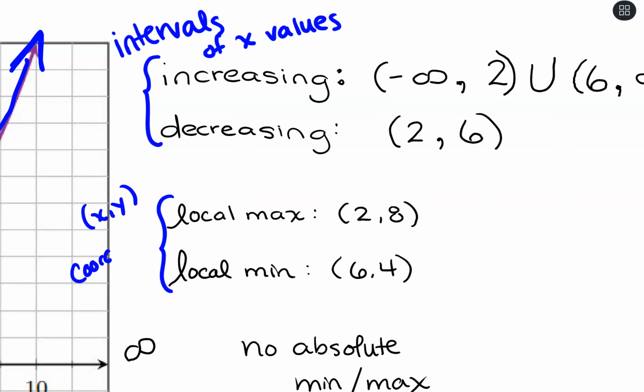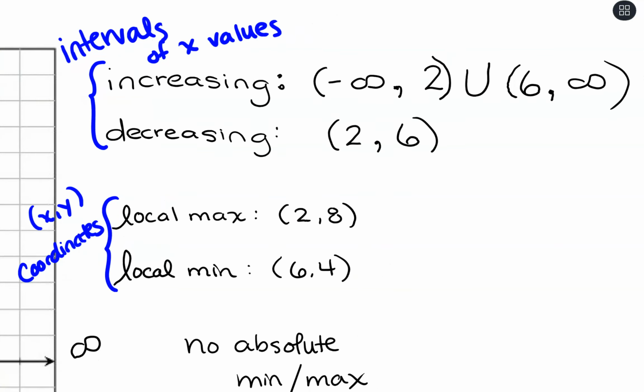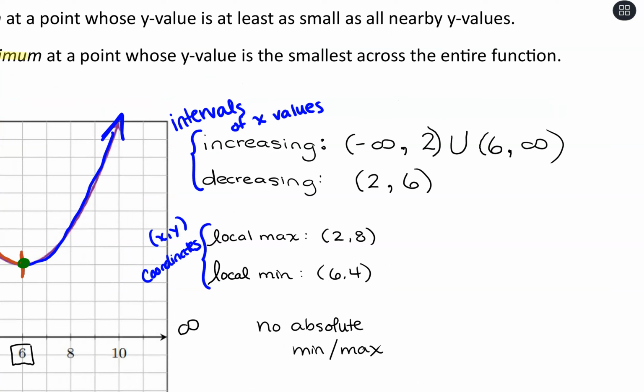All these parentheses can sometimes look a bit confusing, and it's important to know the context of what we're describing. So here it's just where x is beginning and ending for these intervals. So with that, we're using interval notation. With local minimums and maximums, these are going to be coordinates on our graph. So with that, it's an x and y coordinate that we're describing.